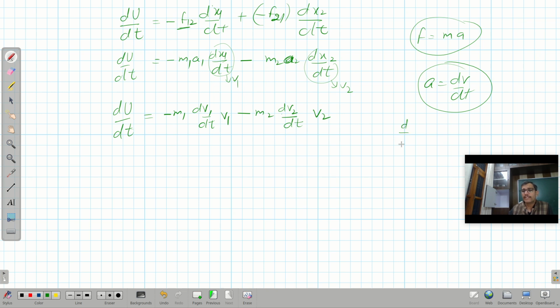As we know that if we have a term d upon dt of v square, then it can be written as 2v dv over dt.